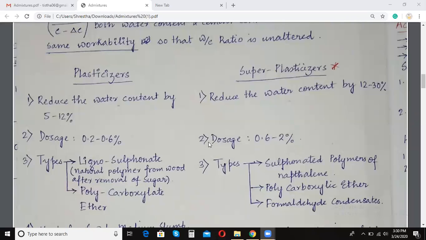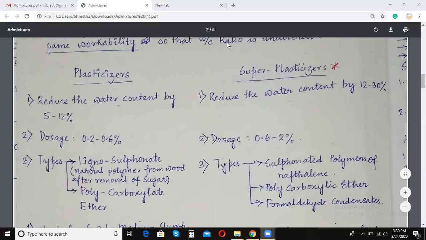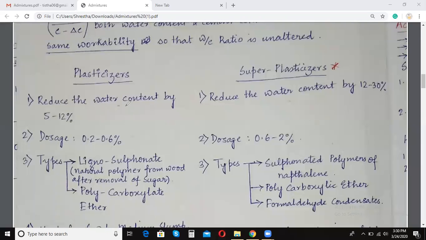Okay, so first, you can write down this differentiation. Plasticizers can reduce the water content by how much? By 5 to 10% or 5 to 12%. Okay, or it can also go up to 15%.